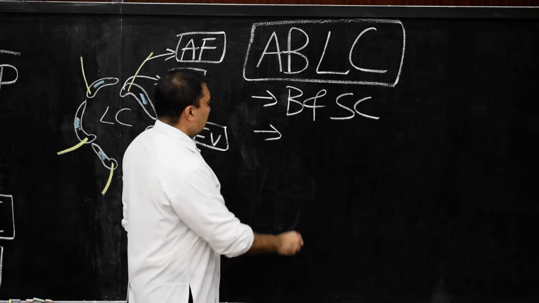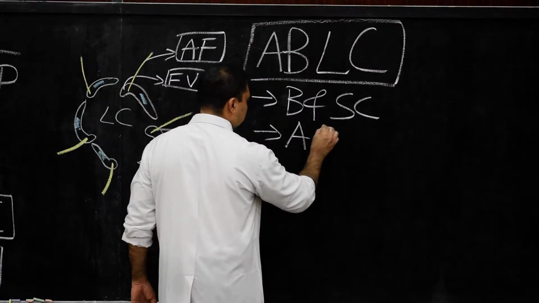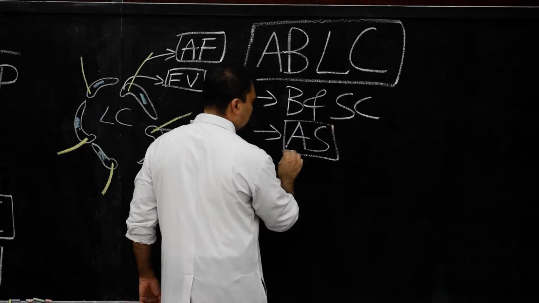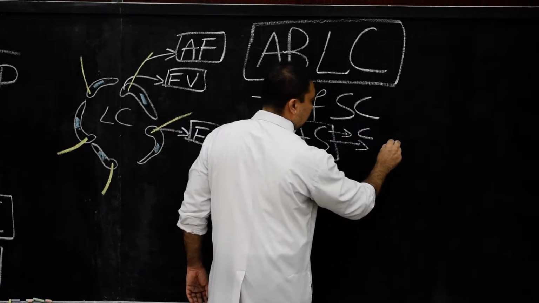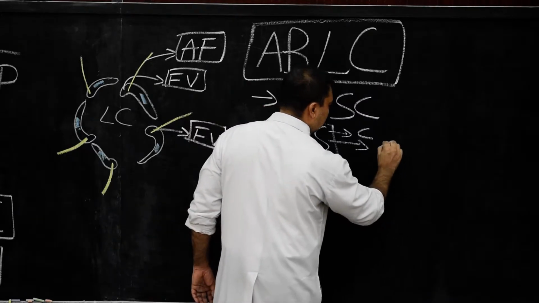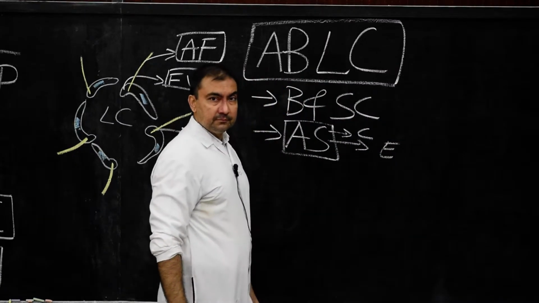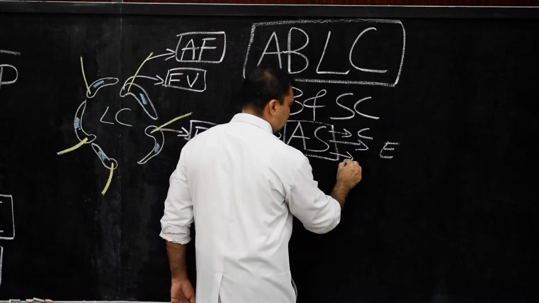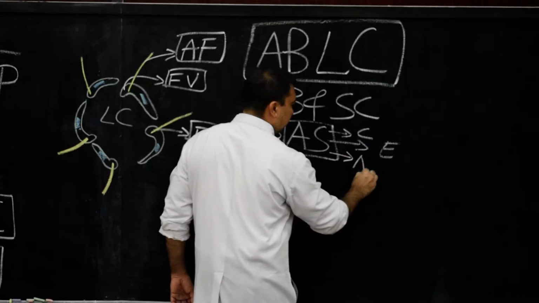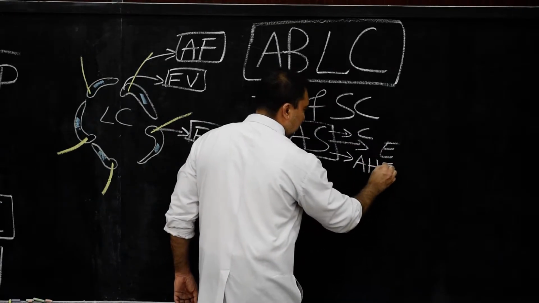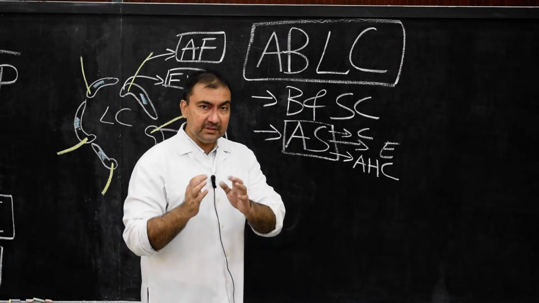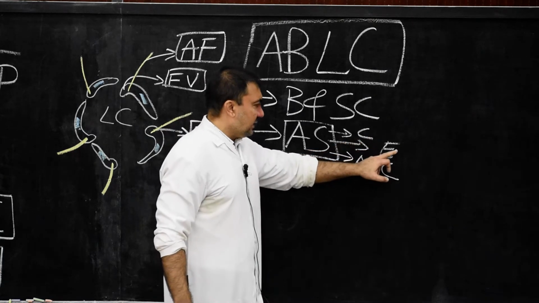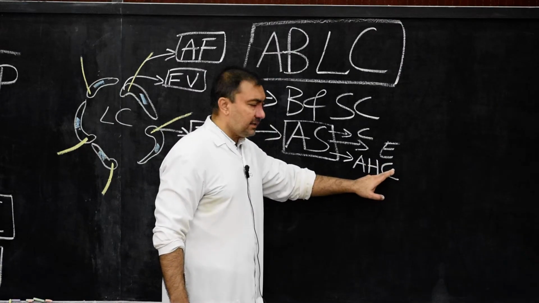Second important area will be avascular structures of the human body. What are the avascular structures? Cornea, then the epidermis of the skin, and third avascular structure is the articular hyaline cartilage. Please note down. What are the avascular structures present in the body? For example, cornea, epidermis of the skin, and articular hyaline cartilage.